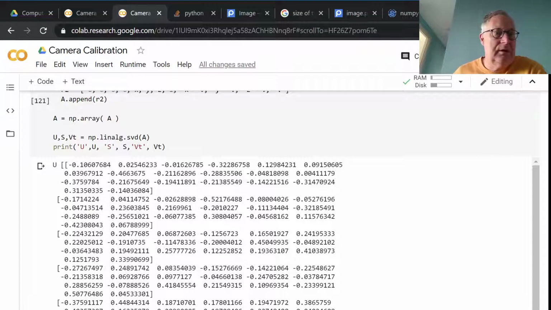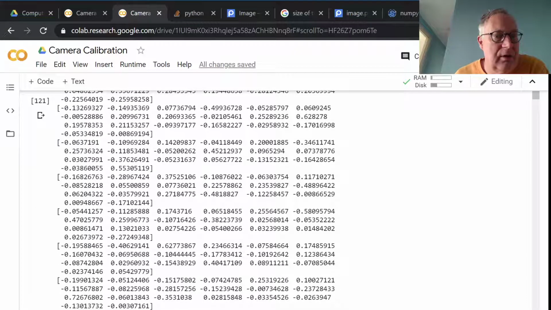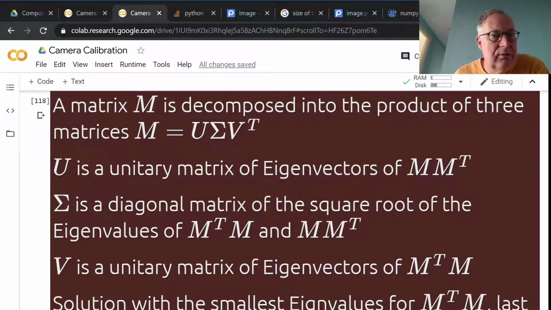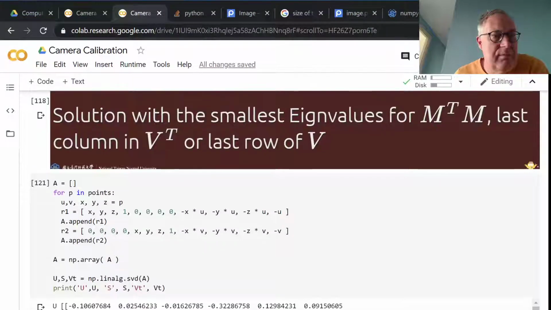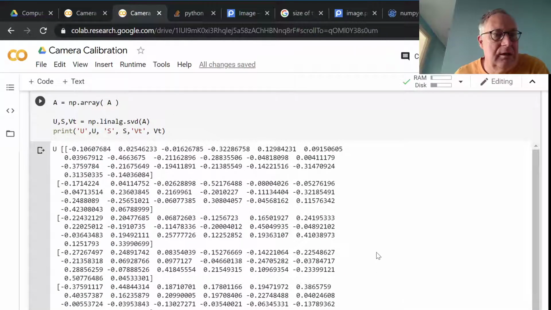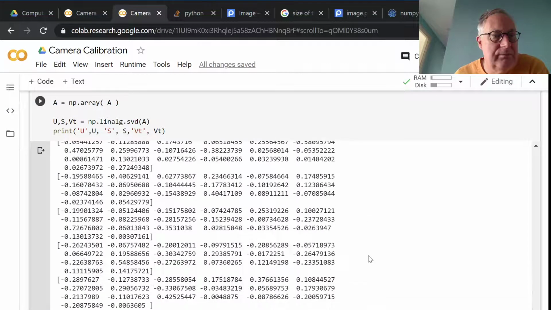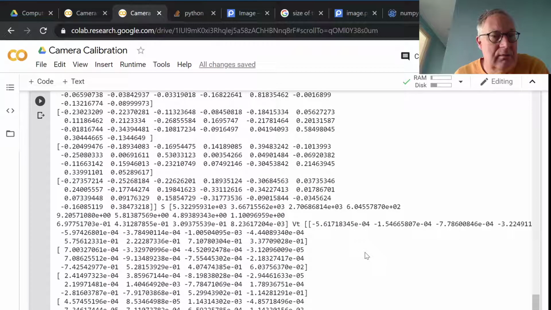So here's our matrix U, the set of eigenvectors for MMT. That'd be a 12 by 12 matrix. Then we have S, which is a diagonal matrix of eigenvalues sorted by size.